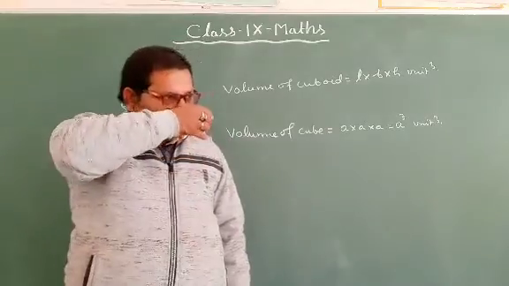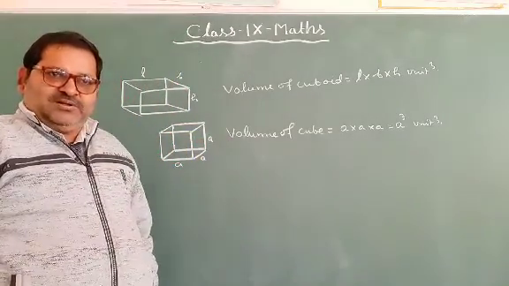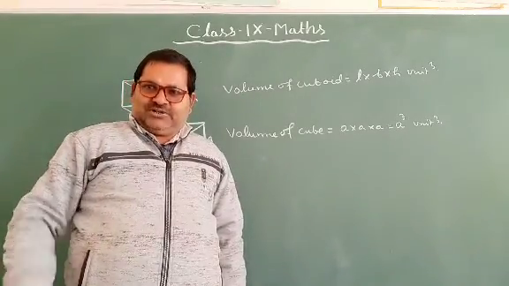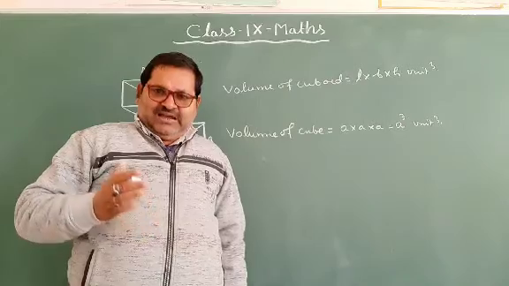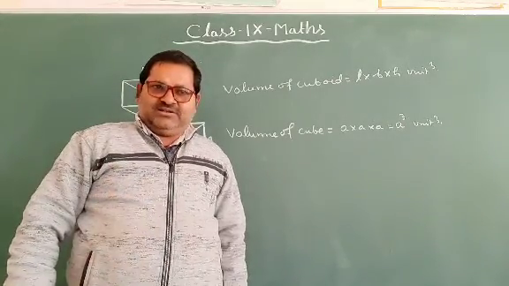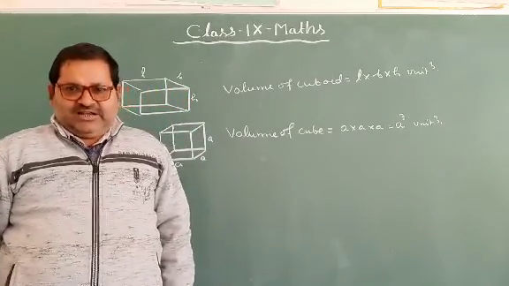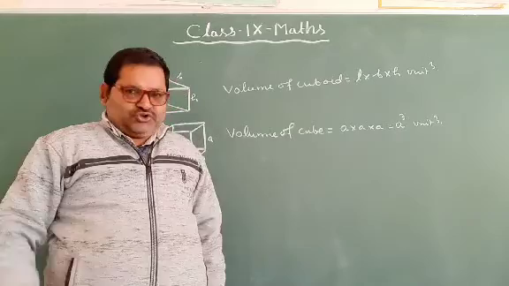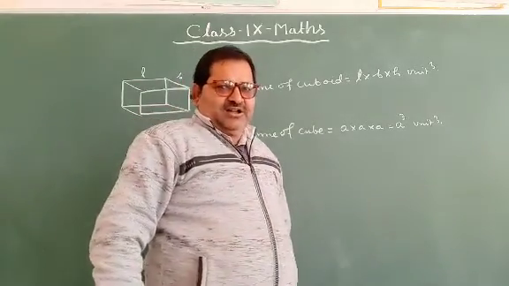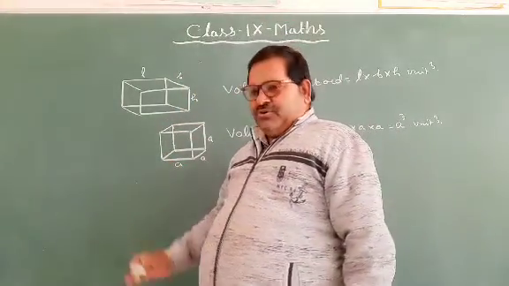Now the cuboid and the cube have 6 faces, 8 vertices and 12 edges. That figure is a three-dimensional figure, so a three-dimensional figure cannot be easily drawn on a two-dimensional board.